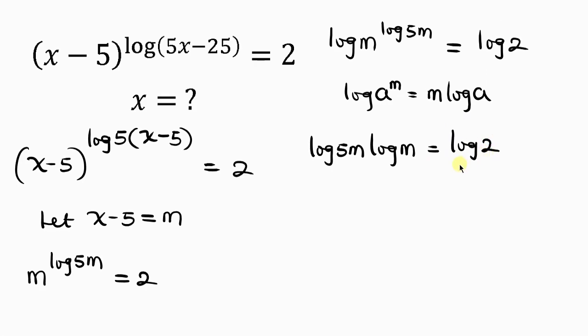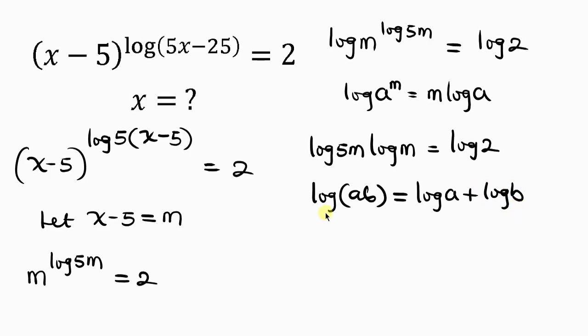Now, our next step will be for us to apply yet another law of logarithm to the left-hand side. For example, the law of logarithm says when I have log ab, this is equal to log a plus log b.